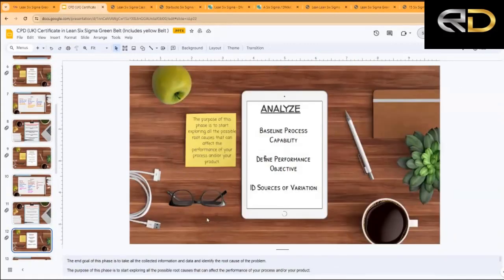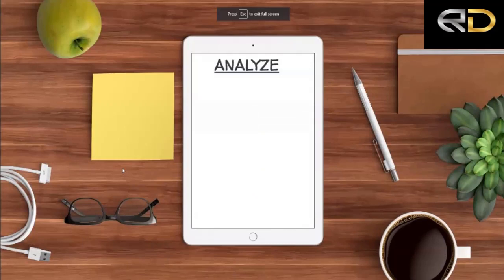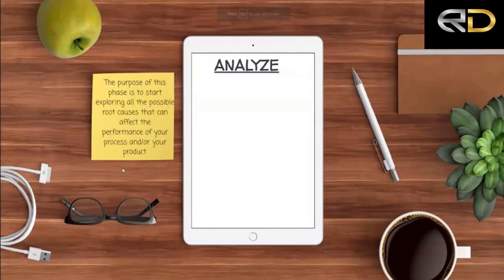So in the analyze phase, you want to start exploring all the possible root causes that can affect the performance of your process and or your product. At this point, you want to determine two main things: What is your current process performance and what are the root causes? What is your sigma level and why exactly are you at that sigma level?